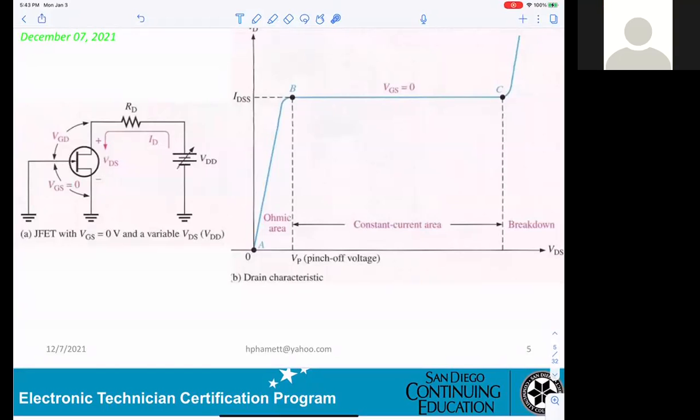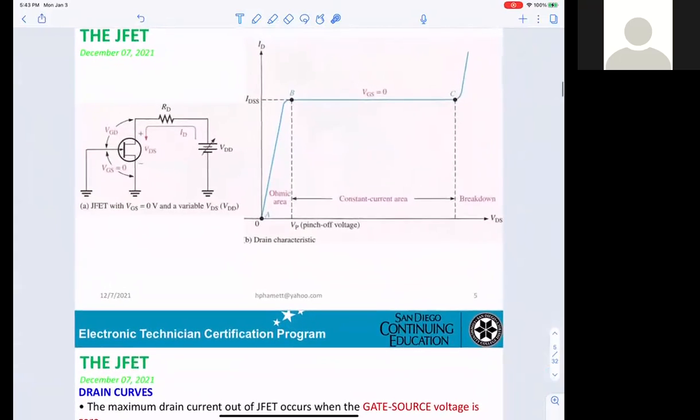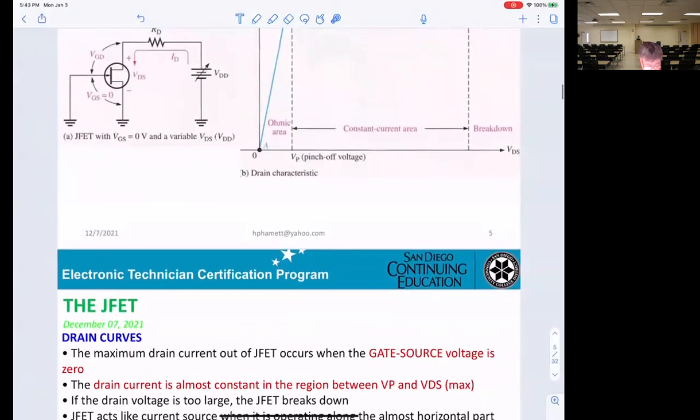They have the same magnitude, but a different sign. Exactly. In other words, pinch off is usually positive and VGS off is usually negative. So if pinch off is 4 volts, then VGS off is negative 4 volts. Exactly.